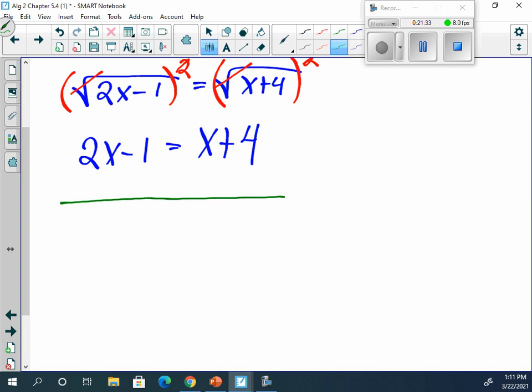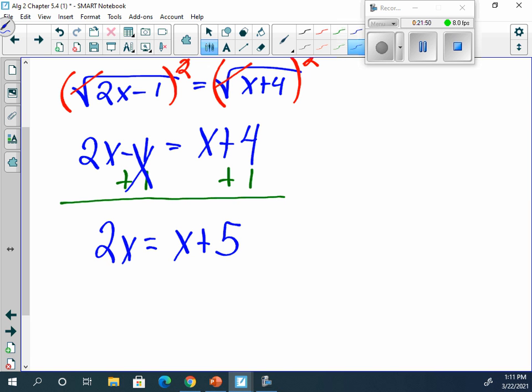We don't have a square, we don't have a quadratic. So what I can do is add 1 to both sides. Our negative 1 plus 1 would cancel, giving me 2x equals x plus 5, because 4 plus 1 would give us 5.